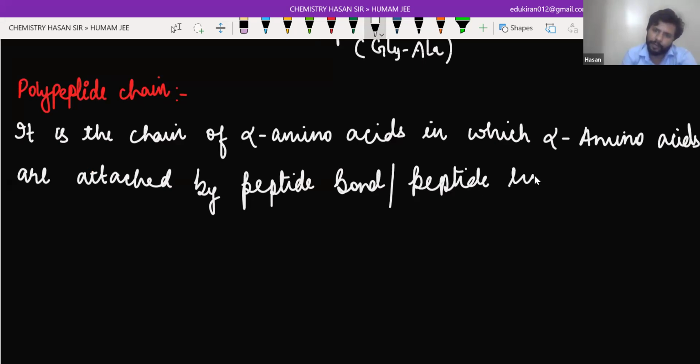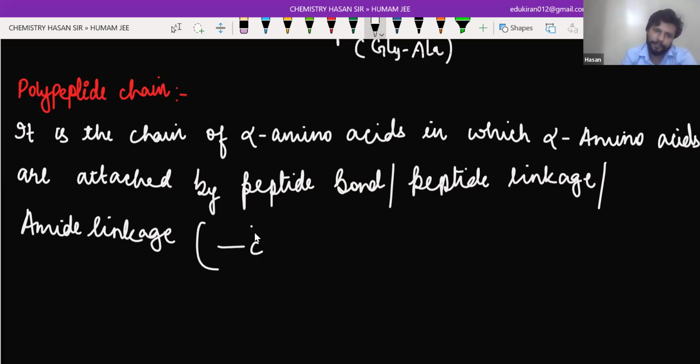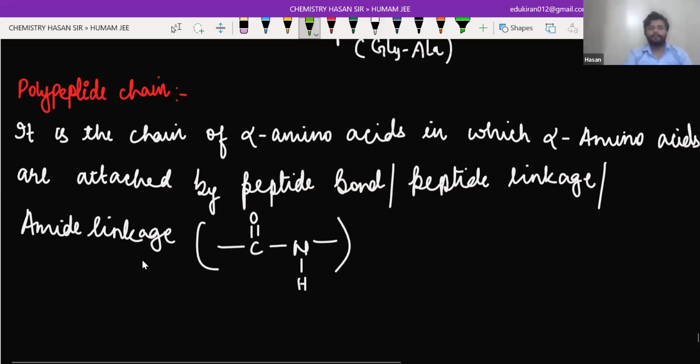Peptide bond or peptide linkage or amide linkage. Right.